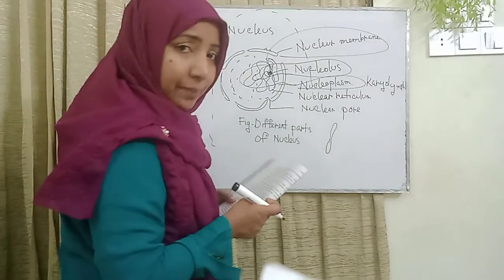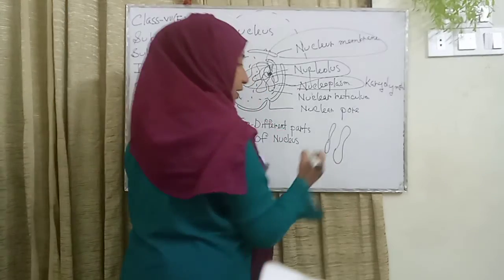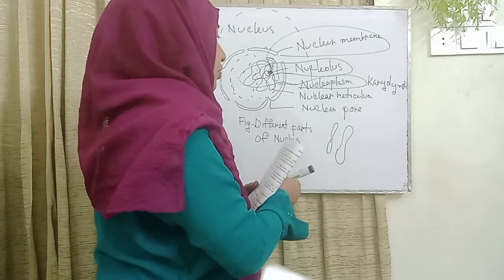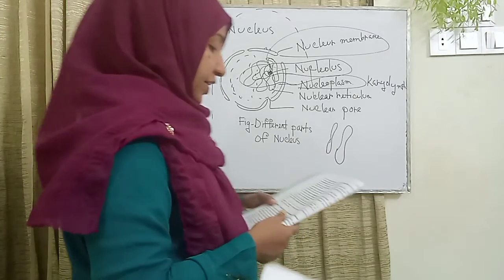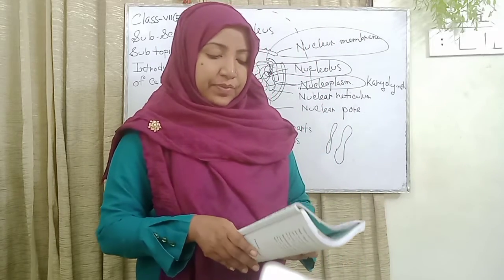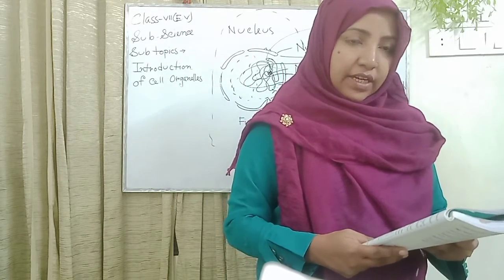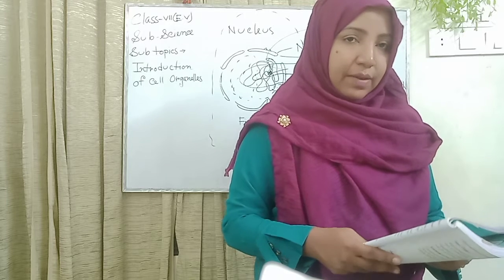Nuclear reticulum or chromatin fibers are intertwined thread-like structures floating in the nucleoplasm.